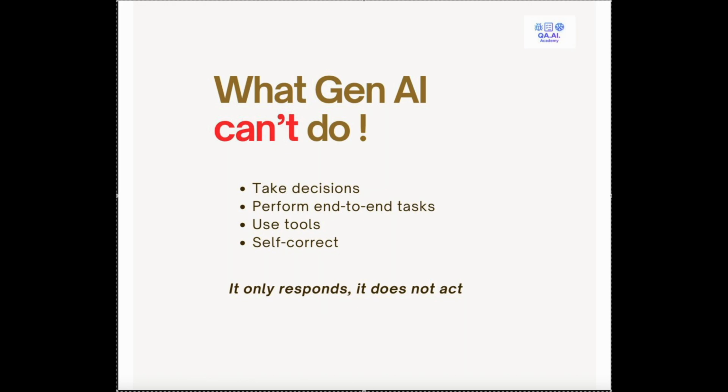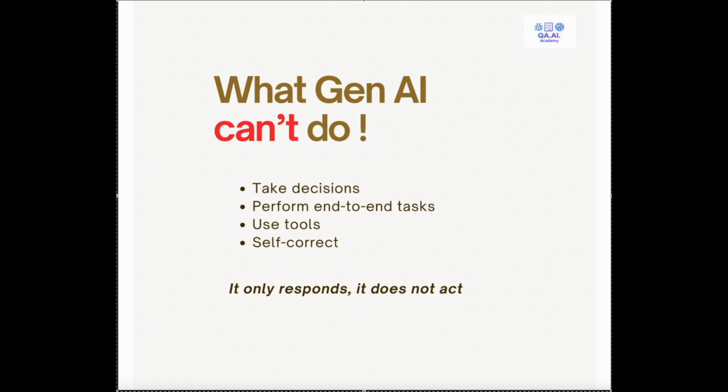In the last slide, we saw what Gen AI is and what it can do. In this slide, we'll understand the limitations of Gen AI and what it cannot do. It can write test cases as we saw, explain code or generate scripts, even help you in debugging, but it cannot do things on its own.